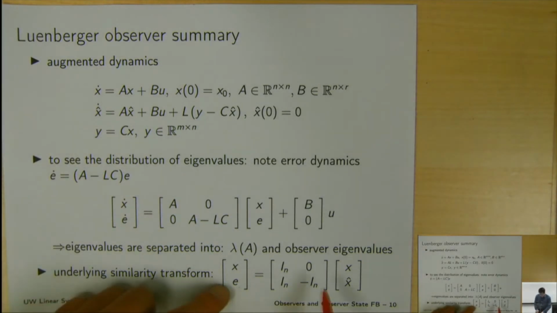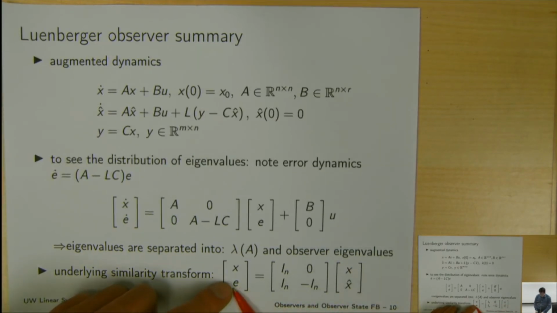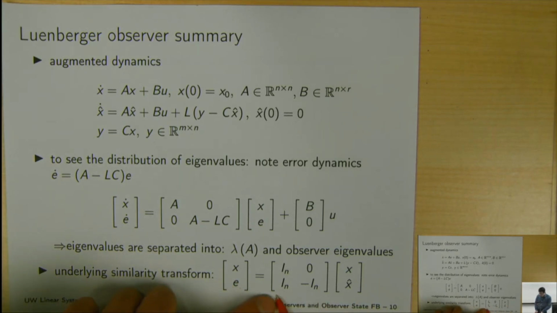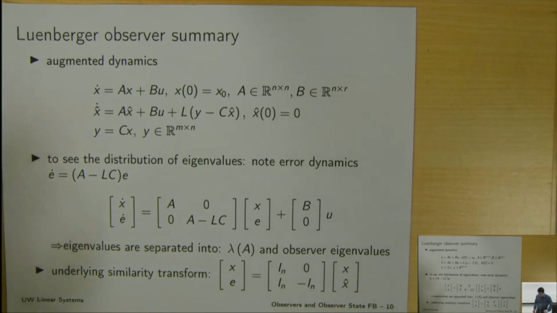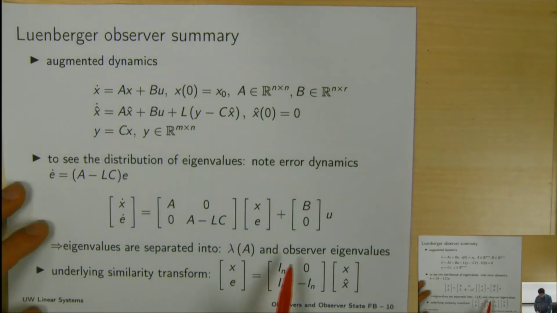The main motivation is that if you do this compared to that one, we can include all the essential information. So e contains all the information about x hat. And then the similarity transform is indeed also invertible. We have this similarity transform matrix that is invertible. So this is rigorous, this is a legitimate similarity transform.